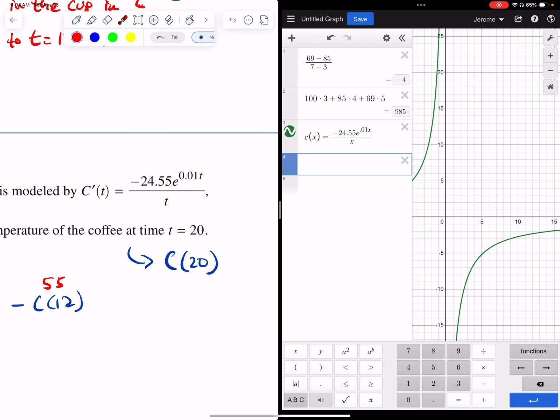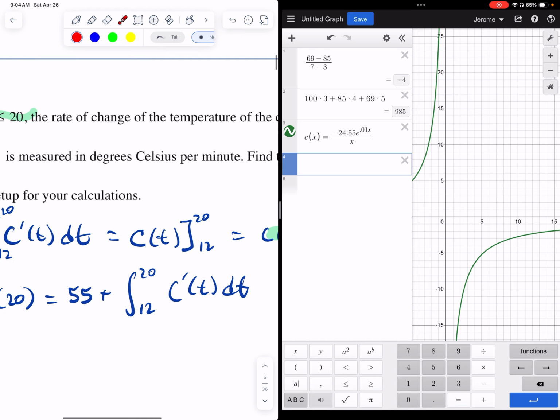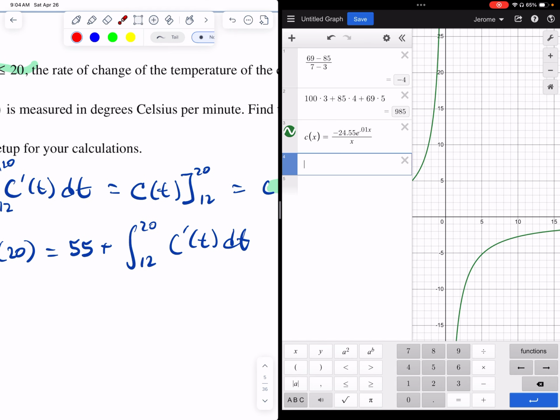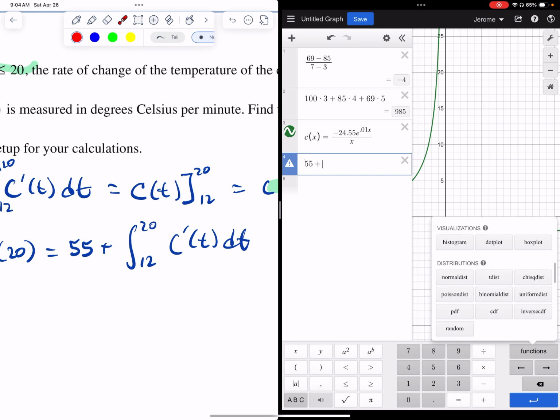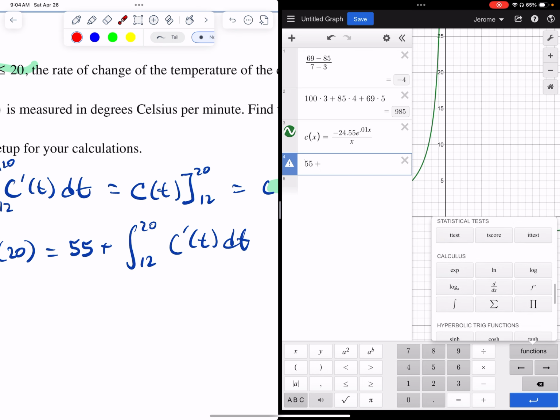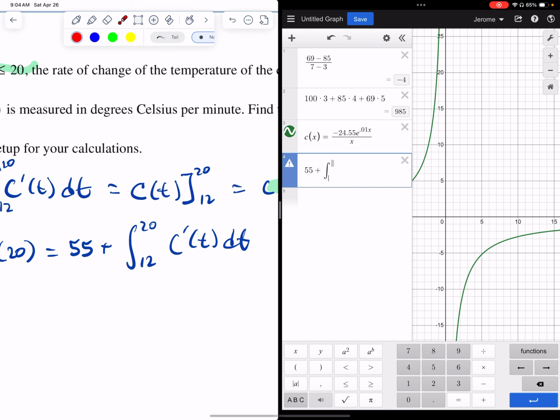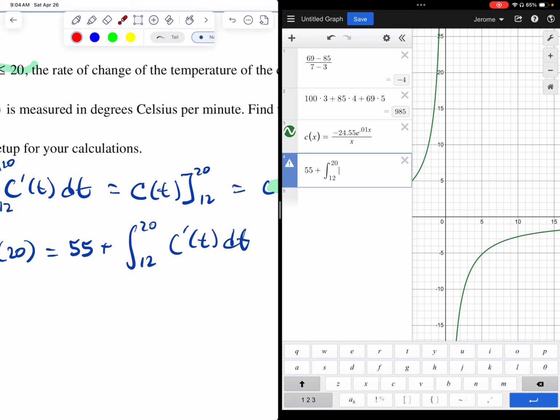Okay, and then what we want to do is set up our integral equation here, which was 55 plus the definite integral. And I get that under my little functions. Of course, if you have your keypad, you can type in int in order to get it. There we go. Going from 12 up to 20. Inside here, this is the benefit of calling our equation C of x, because then I can use that inside of my integral here.